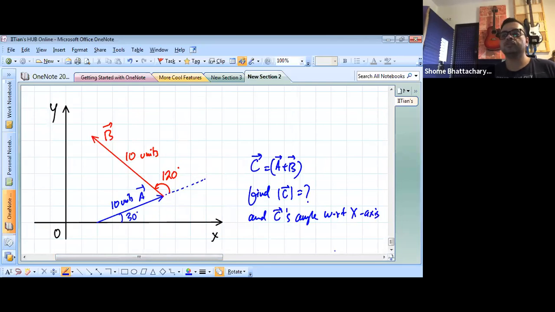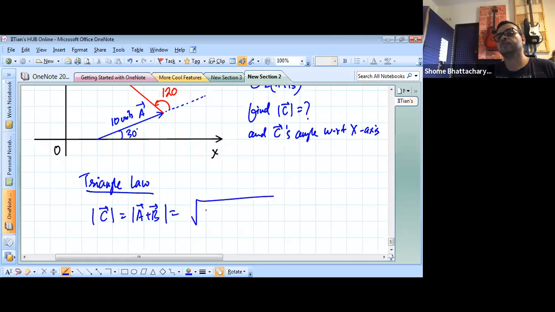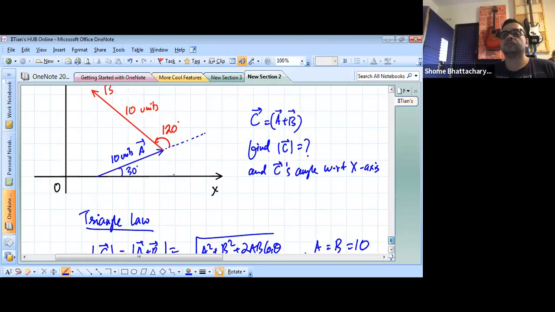We can do this question two ways. One is we can do this geometrically. Geometrically, we'll use the triangle law formula. You'll see that the magnitude of C, which is the magnitude of A plus B, is the root of A square plus B square plus 2AB cos theta. In this we'll substitute A equal to B equal to 10 and theta equal to 120 degrees, because the angle between A and B is this angle.